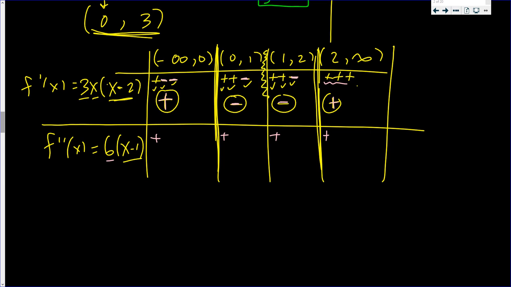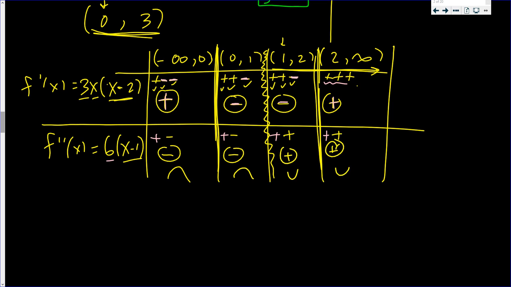But bigger than 1 occurs to the right, because there's 1 and bigger. So it's positive if we're bigger than 1, negative otherwise. Negative, negative, positive, positive. So it's concave down, concave up, concave up. It changed concavity at 1.